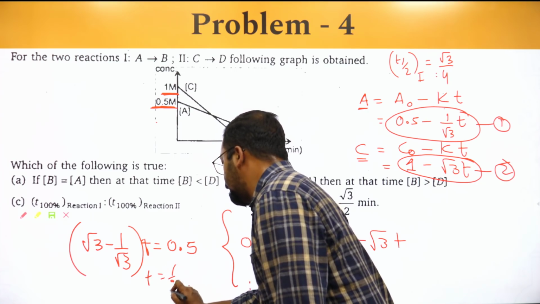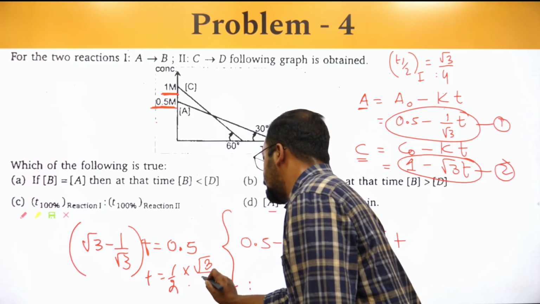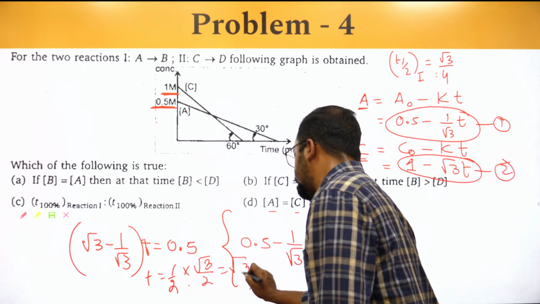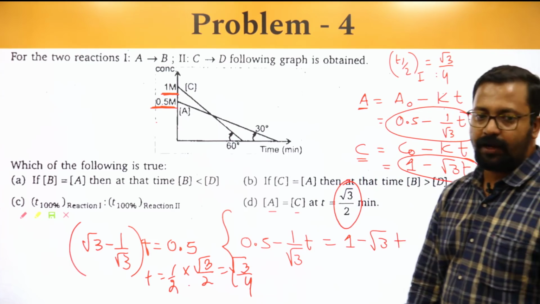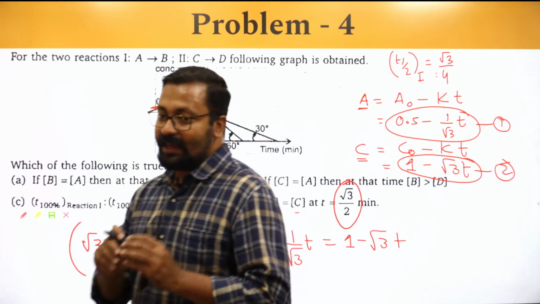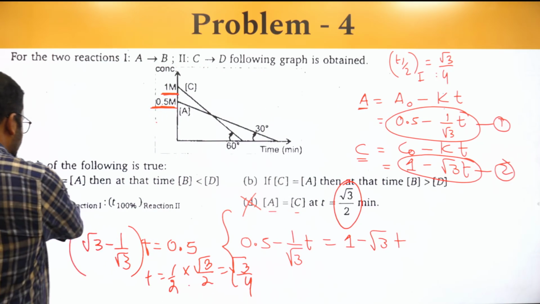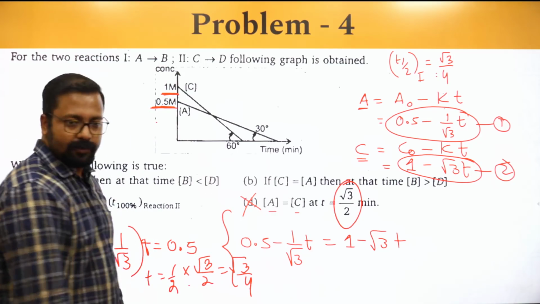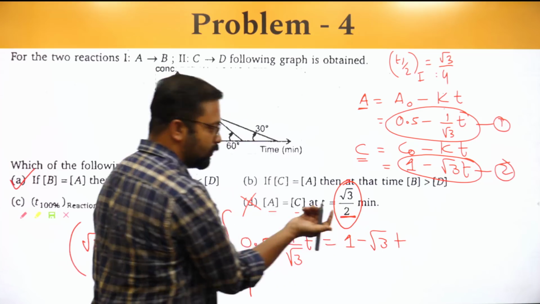T comes out to be 1 by 2 times root 3 by 2, that is root 3 by 4. What is the time given over here? Root 3 by 2. So D is incorrect. Guys, D is incorrect. A is correct, D is incorrect. Root 3 by 4 is coming, here it is given as root 3 by 2.